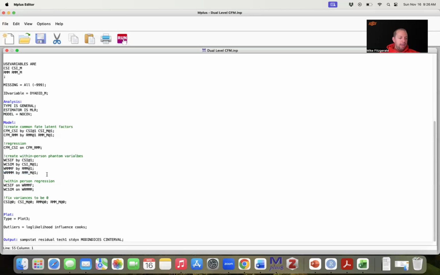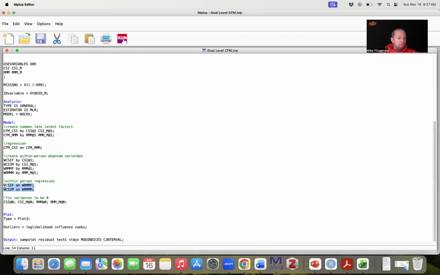Now, latent variables, by definition for reflective latent variables, are going to be your independent variable, and this is going to be your DV. Remember, underlying latent constructs that are reflective cause or influence, temporally precede, the observed indicators that we have using those by statements.